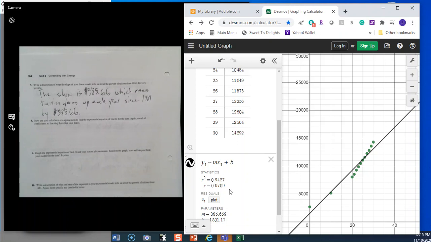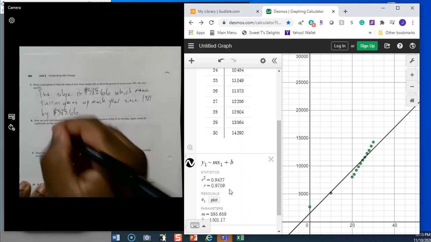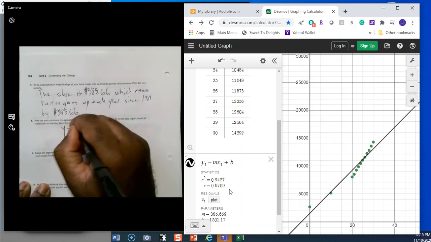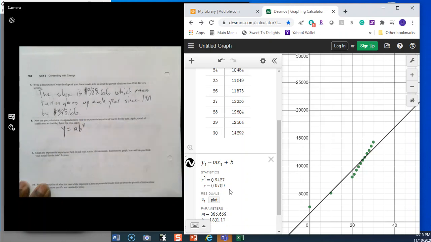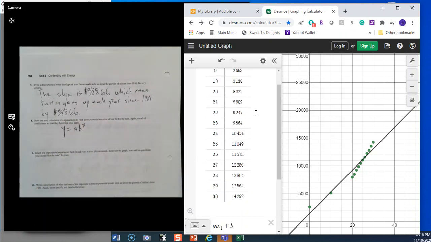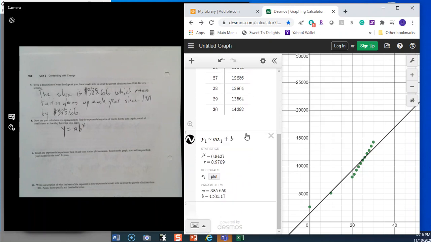Number 8, it says, now use your calculator or spreadsheet to find the exponential equation of best fit for the data. Again, round all coefficients so that they have 5 total digits. Okay, so we know we're looking for y equals ab to the x. So we don't need to reinvent the wheel. We already put it on the table.